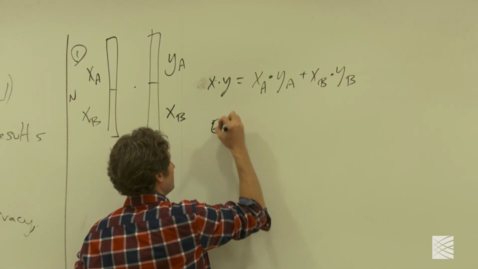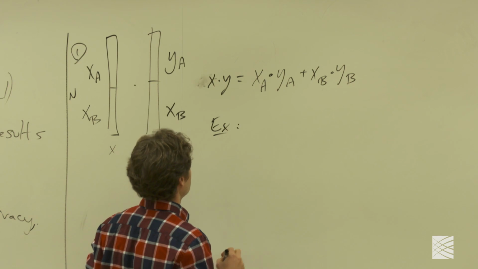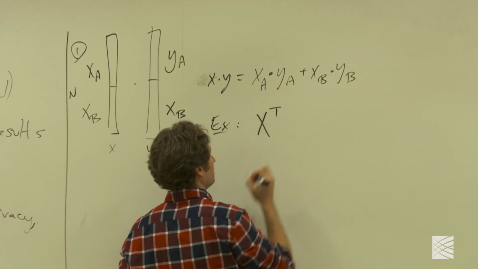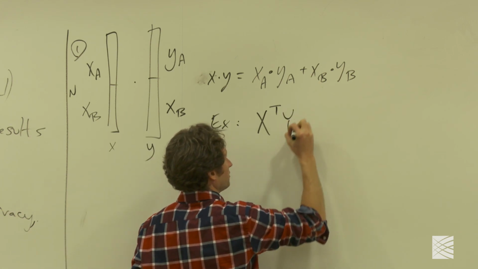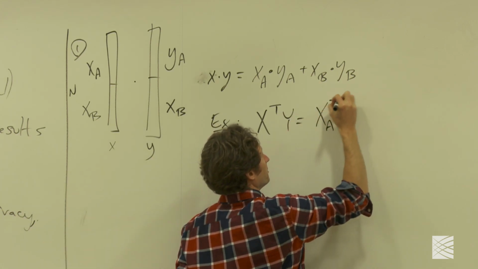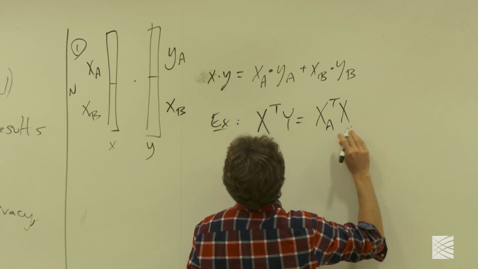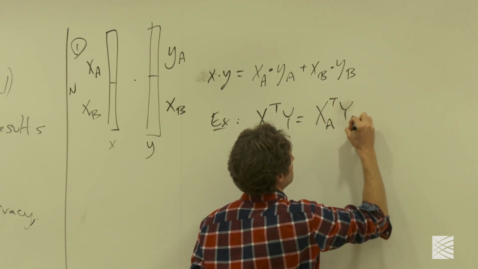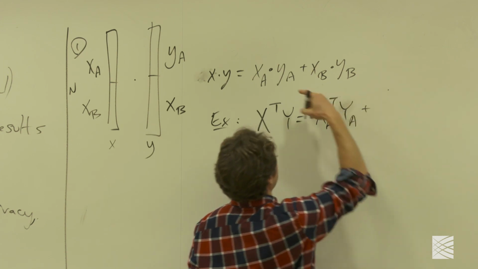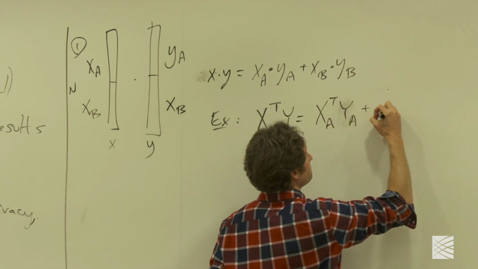So as an exercise, you can confirm that this generalizes to the matrix case. If x was a matrix, not just a vector, it had a number of columns, and maybe y as well, then the same formula works, if I can get my letters right, in that case. Except instead of dot, we're going to use transpose.